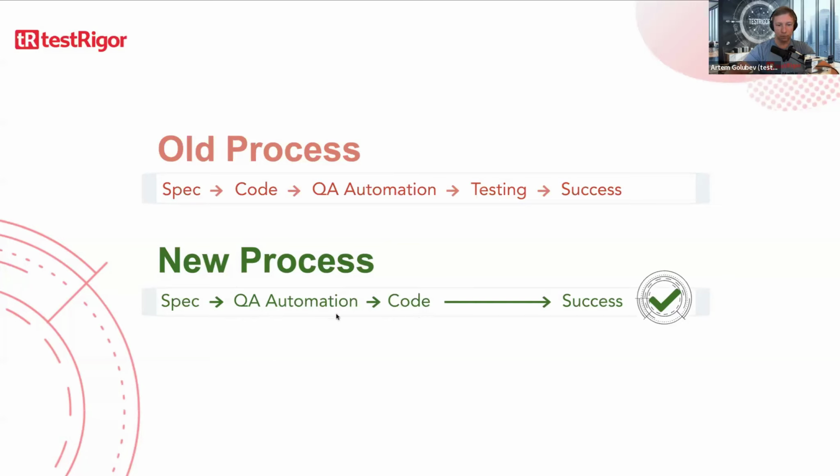Moreover, with this process, not only will you be able to build that faster, like people who use testRigor on average build test automation about 15 times faster than with Selenium, but also you will be taking the hit on clarifying the potentially ambiguous specification, so engineers don't have to do that.